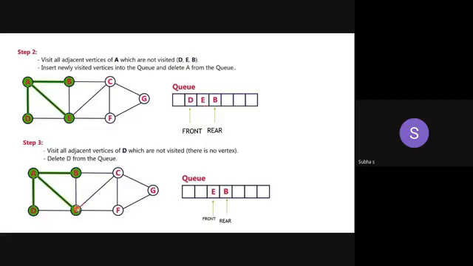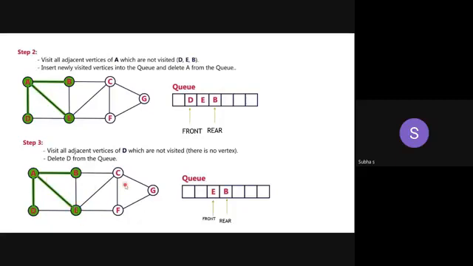Find the adjacent nodes of E. What are the nodes adjacent to E? A, B, C and F. A and B are already visited. So what do you have to put here? C and F. Where do you have to place them? After B, because rear is pointing to B. So DQ the particular element, sorry, DQ E, because we are finding the adjacent nodes for E only.